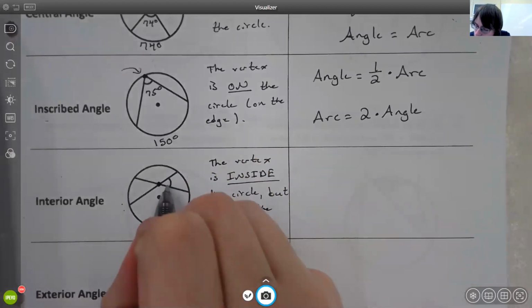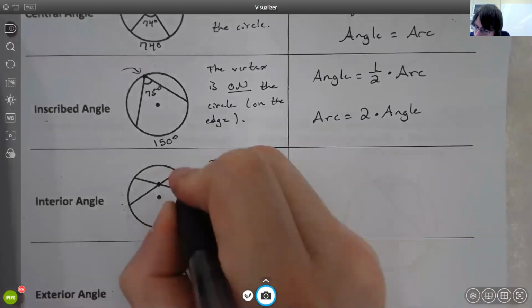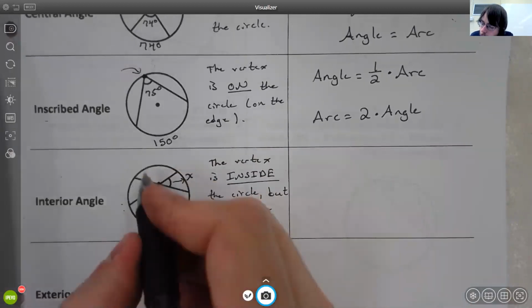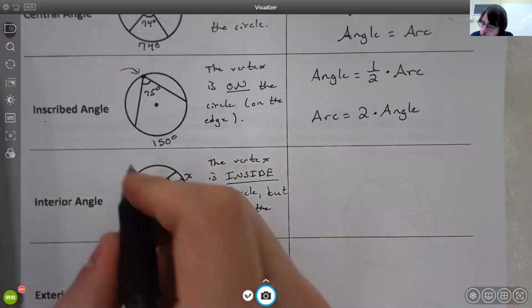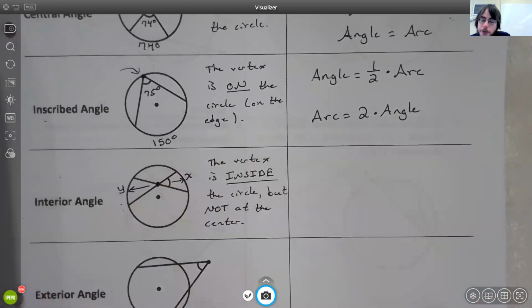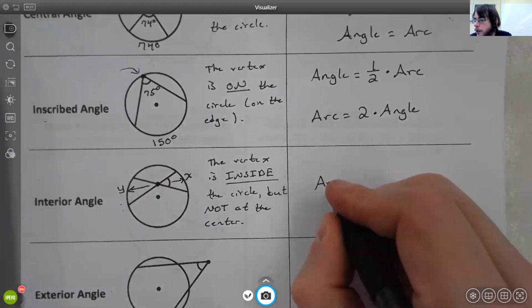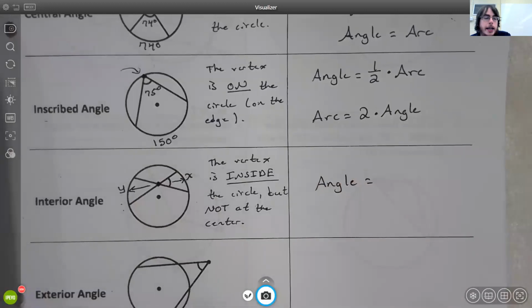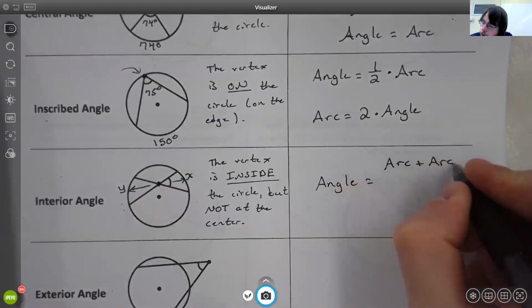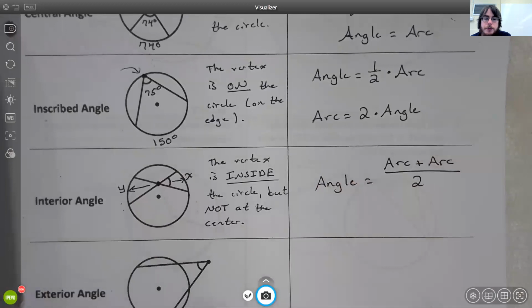This angle here is opposite this one, so you use that arc with the X, but you also use the one opposite its vertical angle, which is Y. The angle is equal to the sum of the two arcs, arc plus arc, divided by 2.